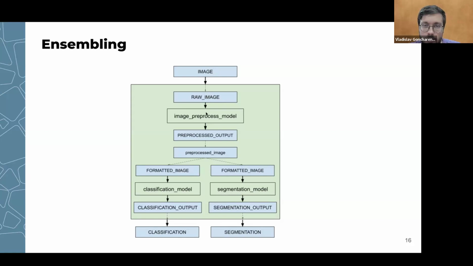So for example, you can input image, pre-process it, and then you can put it to segmentation and classification. So actually, this type of problem I would do in one neural network, but it doesn't matter.